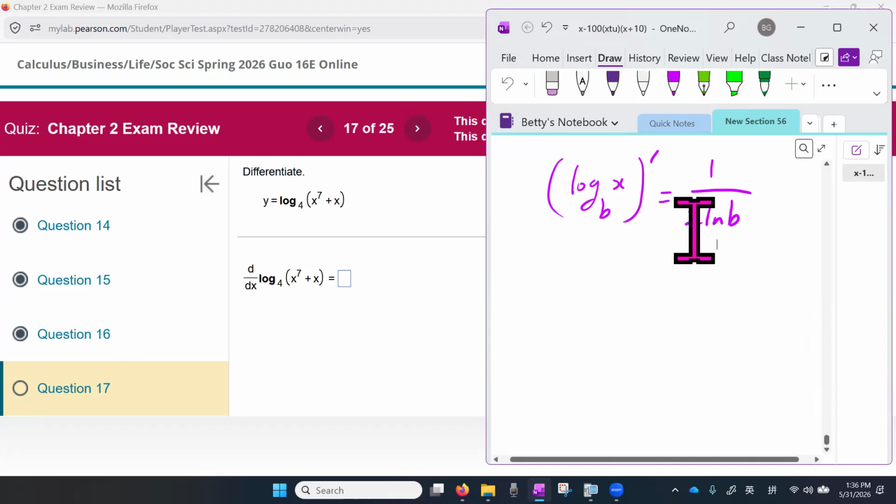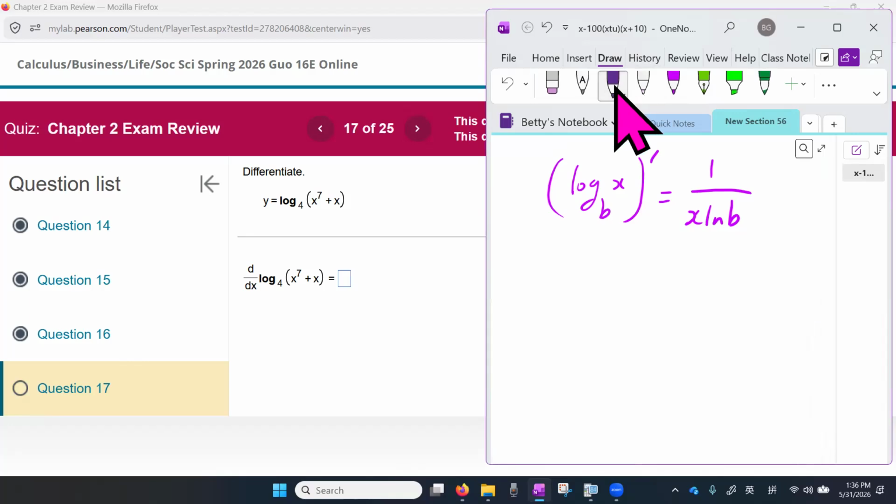So we can use the chain rule. The original function can be written as y equals log with base 4 of u, and u is x to the power 7 plus x.